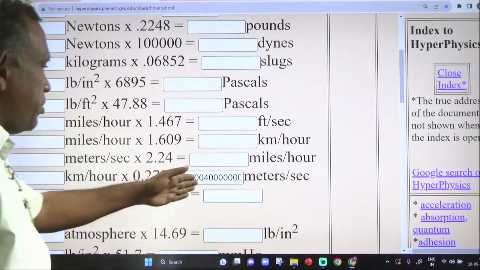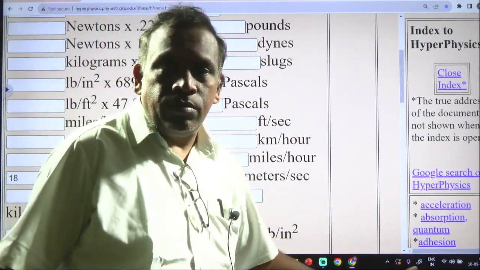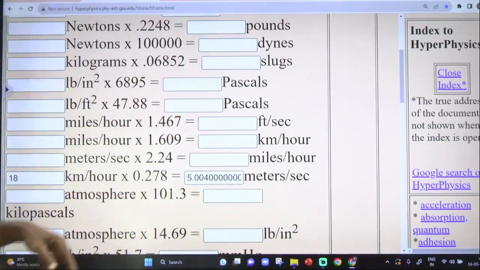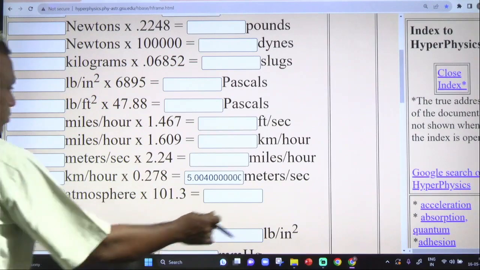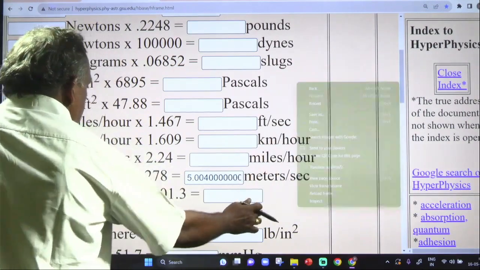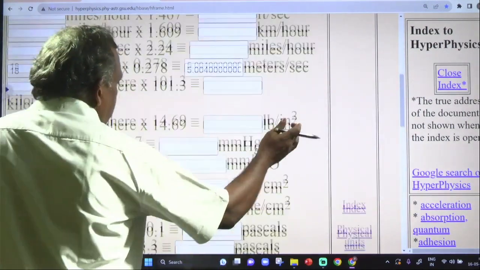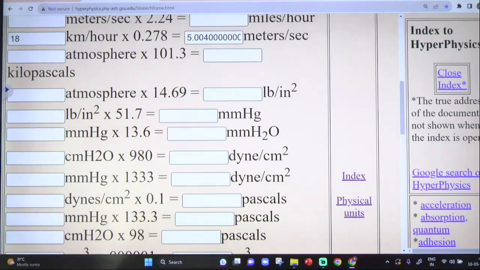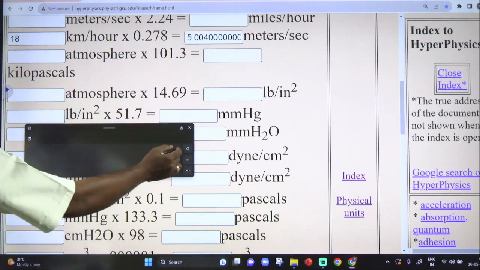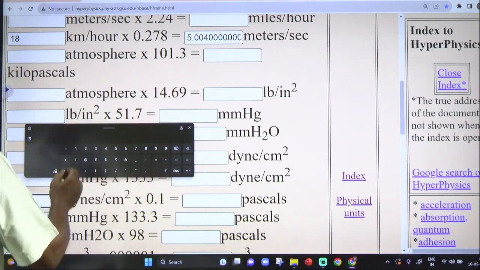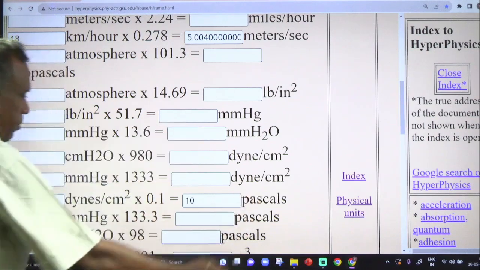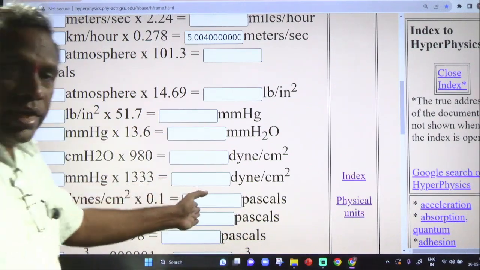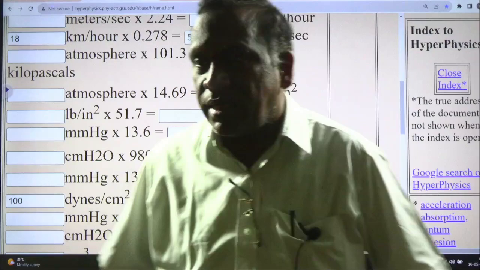Approximately 5 meters per second, because the factor taken is 0.278. Similarly, if you try to convert 100 dynes per centimeter square, how many pascals? 100 dynes per centimeter square is 10 pascals.